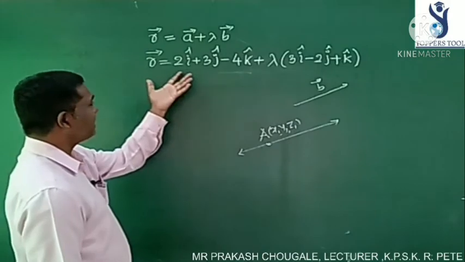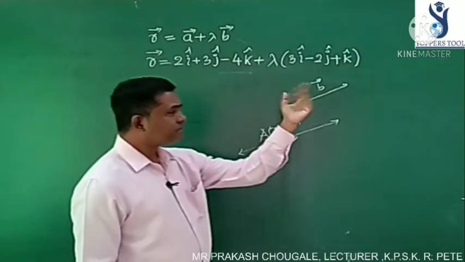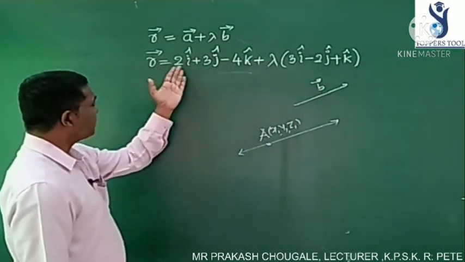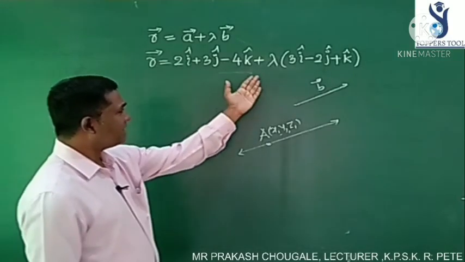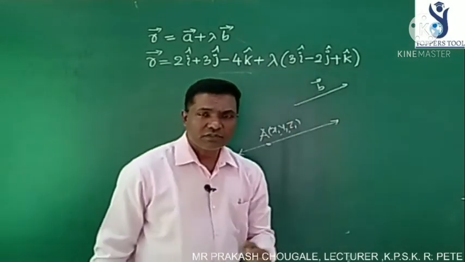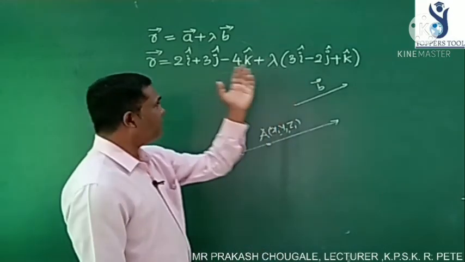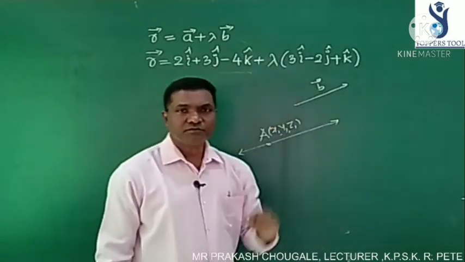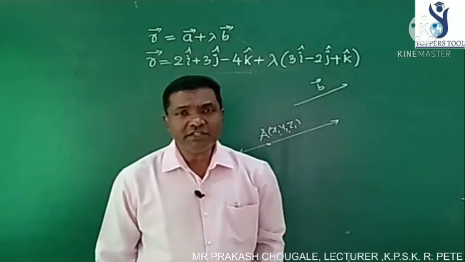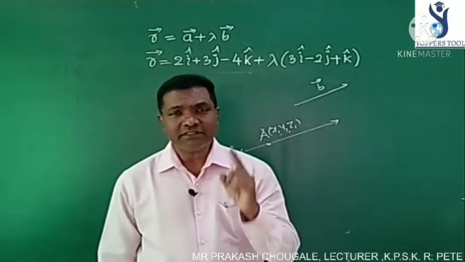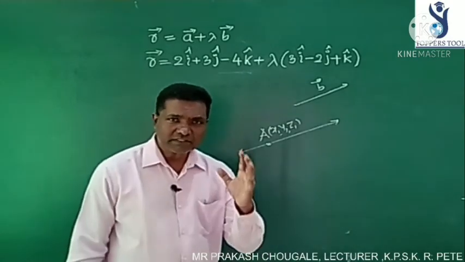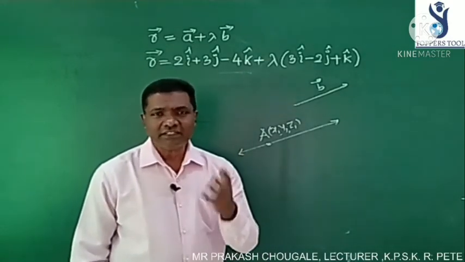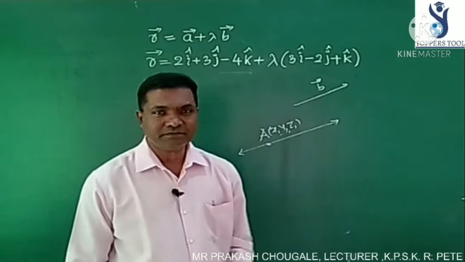Now looking at this example, there is one equation given. Vector r is equal to 2i cap plus 3j cap minus 4k cap plus lambda into this. So whenever you find this equation, immediately you should be able to tell this is an equation of a line passing through a point and parallel to a vector.